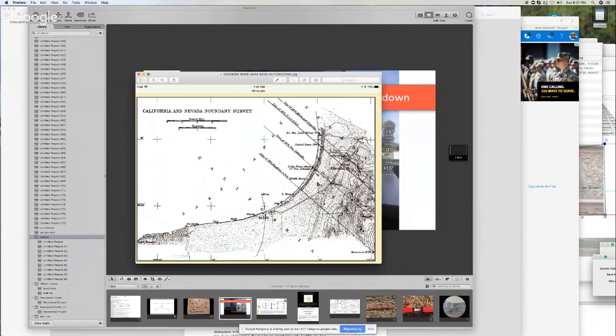What do you got there? That's a cool little map. California Nevada boundary survey. Yeah, I was going to show you this. This is the four surveys that they could never agree upon to find the exact boundary between Nevada and California. In 1980, the Supreme Court finally had to make the decision. Isn't that something about boundary surveys?